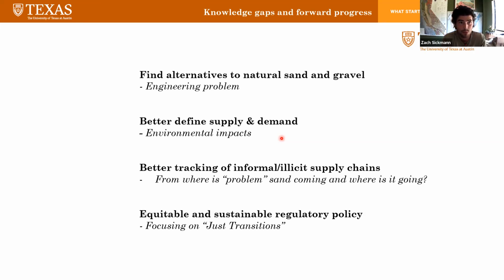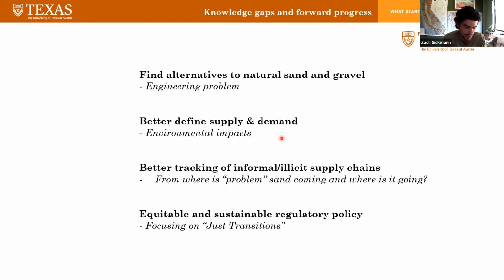And then, in terms of natural resource overexploitation globally, one of the big themes in terms of future policy directions is finding equitable and sustainable regulatory policies. What the United Nations Environmental Program frames this as is the concept of just transitions, saying that we know that this resource needs to be extracted, and we need to figure out a way that it can be extracted equitably going forward.